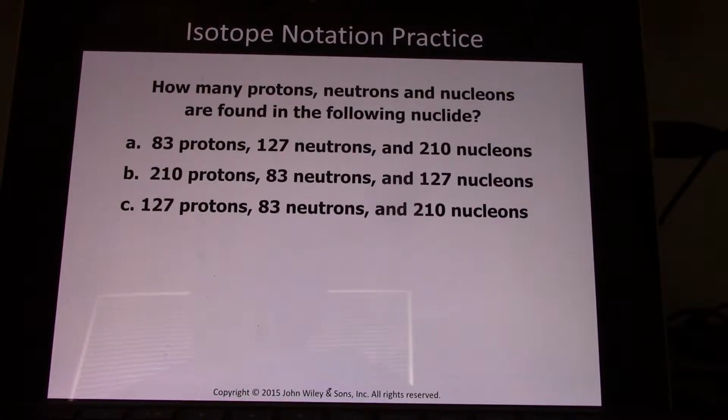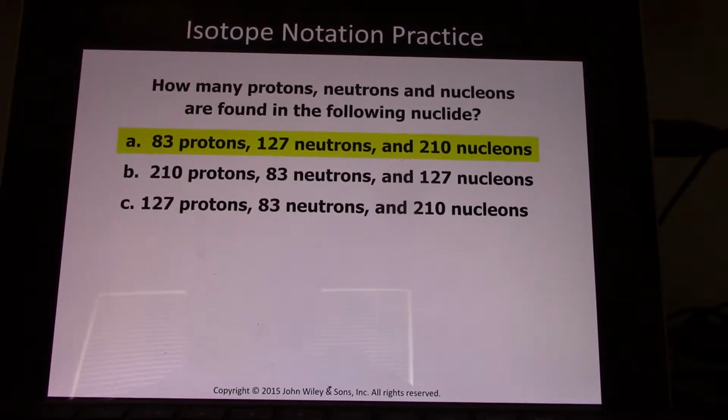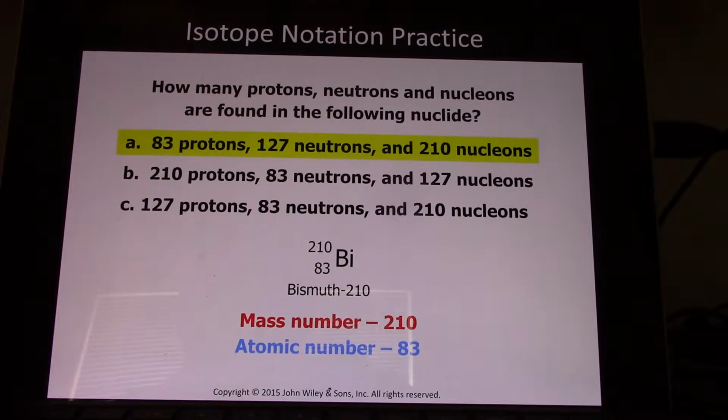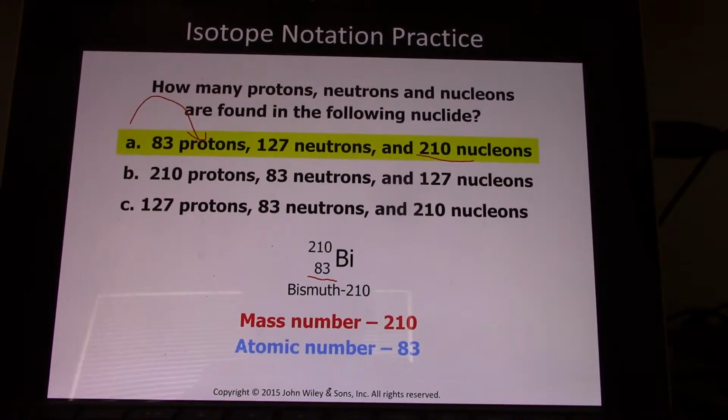So how many protons, neutrons, and nucleons are found in the following nuclide? Here we have bismuth-210. Now we look at the lower left. The atomic number is 83, so we know we have 83 protons. So we know that A is already correct. Nucleons, or the protons plus neutrons, is 210, which should be the upper left, which again is correct.